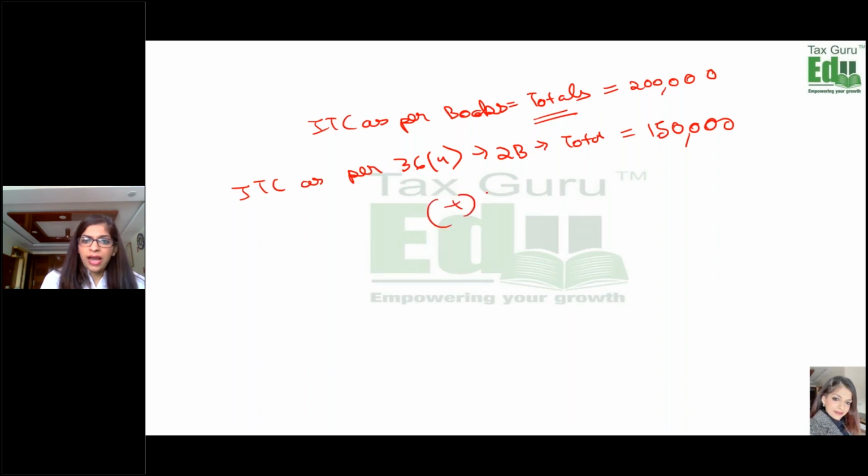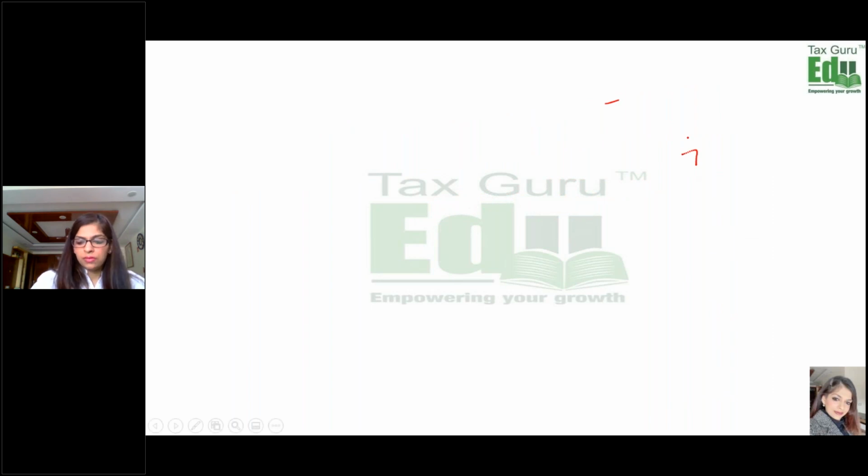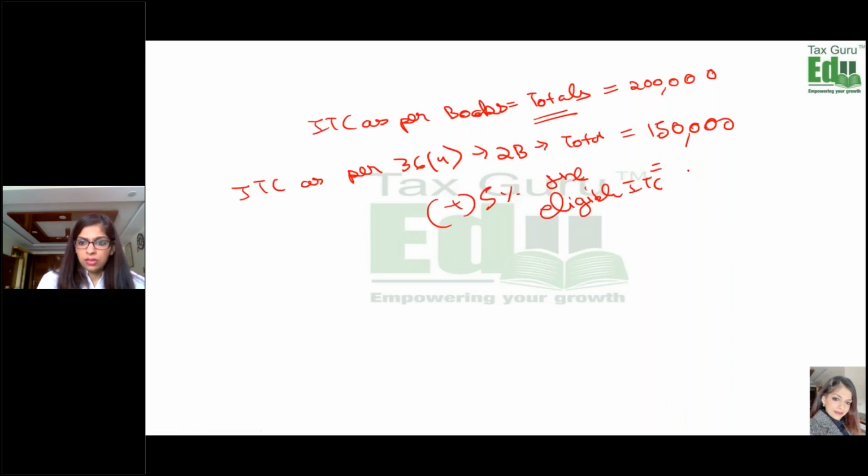Then you will add 5% eligible ITC. So 5% comes out to 7,500. So this is the ITC you are eligible to take. So this is your reconciled ITC.